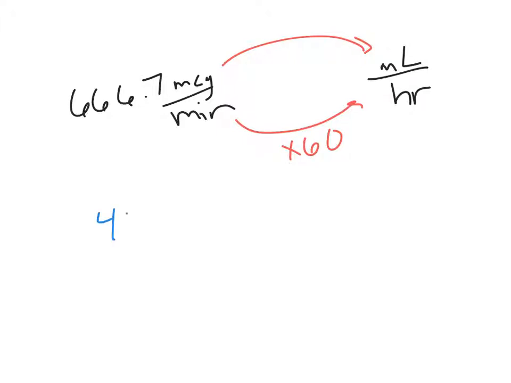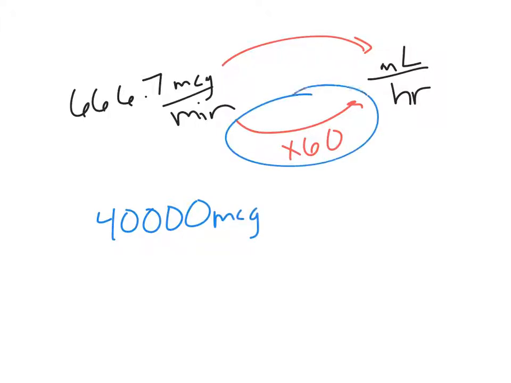So that is 40,000, and that is micrograms right now, and it is per hour since I just did this. But then looking at that to put into a dosage calculation, that would be 40 milligrams, because again, that's the same thing when we move that 3 places to the right.